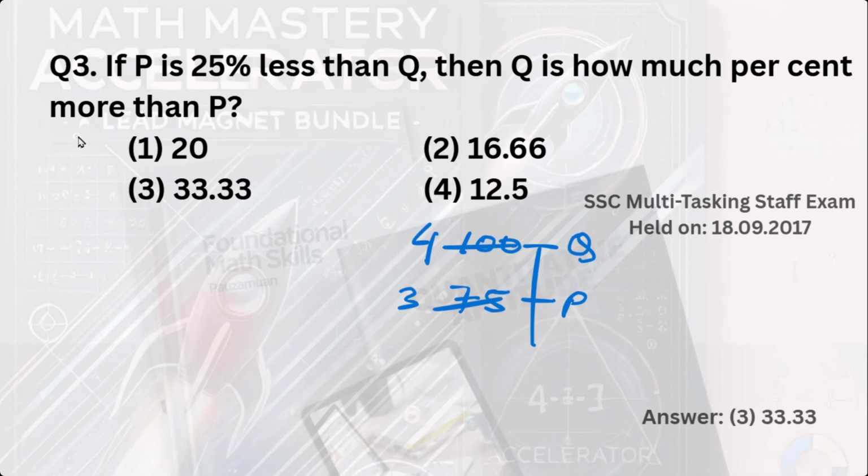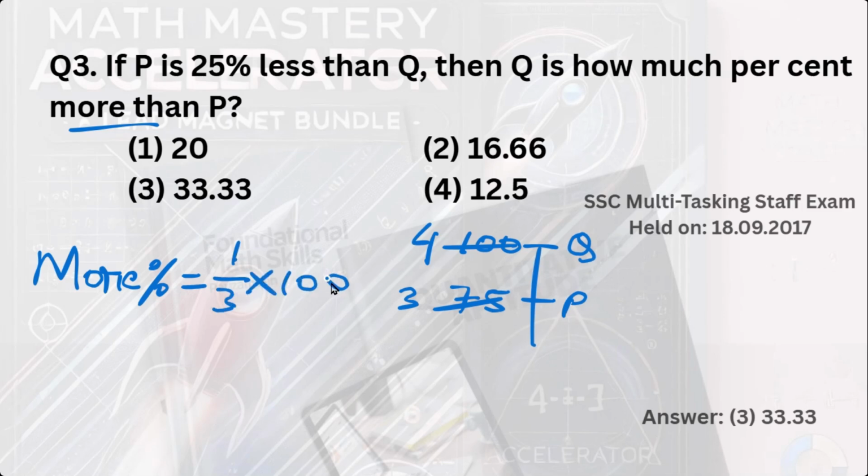We have to find more person. More person is equal to 4 minus 3, that is 1, divided by the smaller number, 3, into 100. When 100 is divided by 3, the answer is 33.33. Option 3 is the right answer.